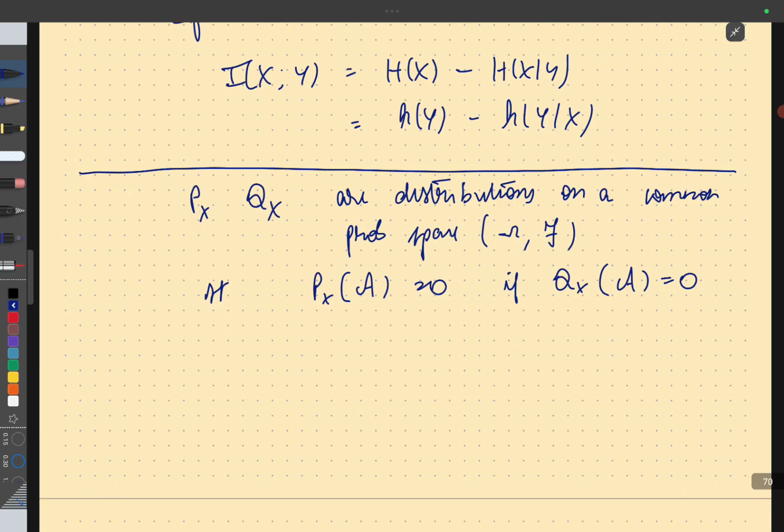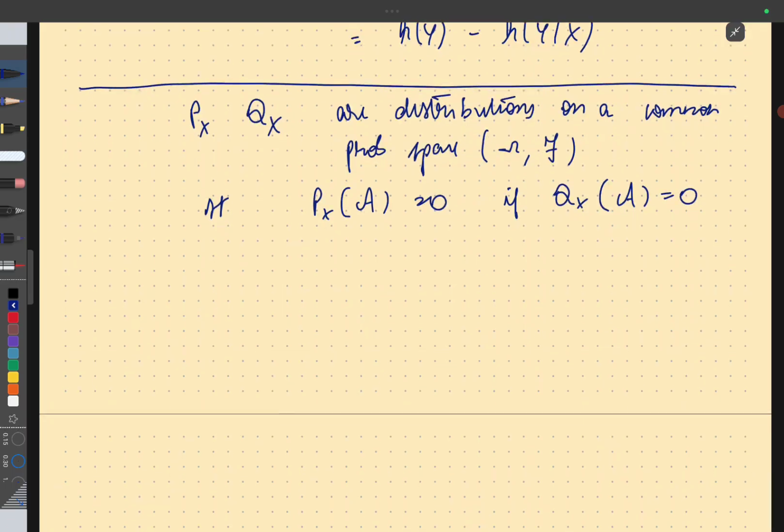In this case, it turns out that you can define something similar to a ratio of two densities.